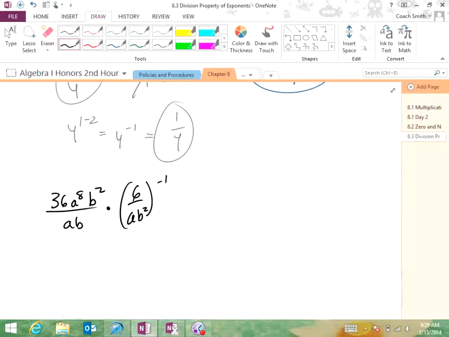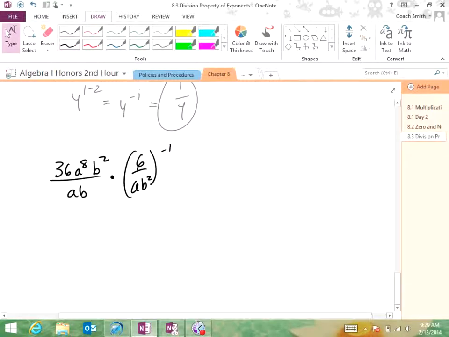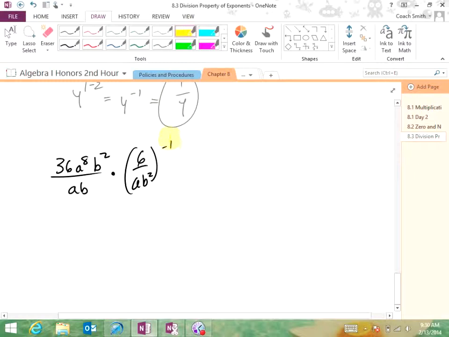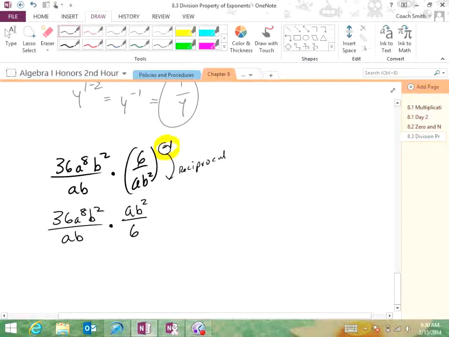So here's what I'm going to do. This right here, since it's to the negative first power, then I can do this: 36 a to the 8 b to the second over ab times ab to the second over 6. Because of that sign right there, I can do the reciprocal. And since it's raised to the first power, it doesn't change anything.